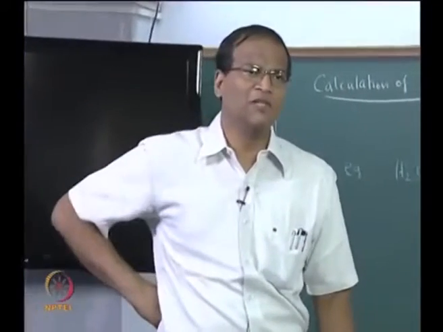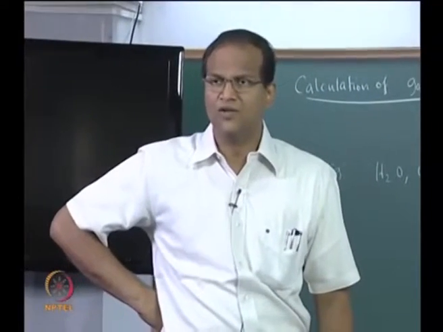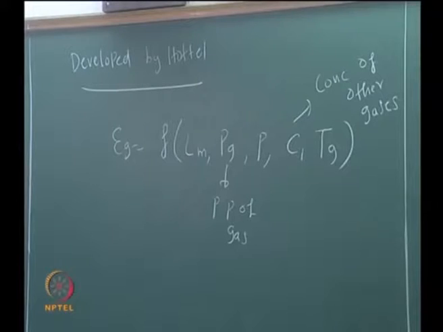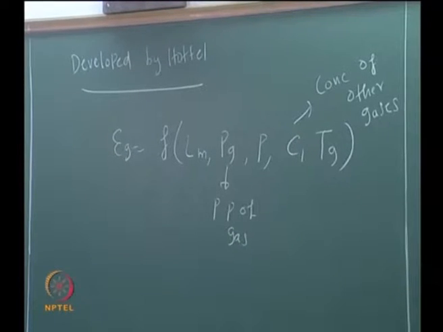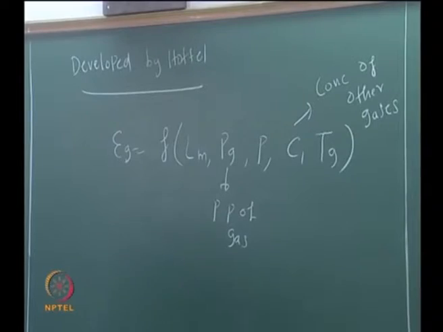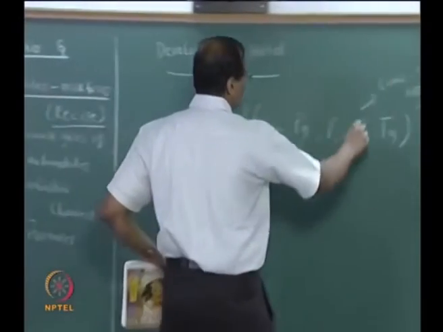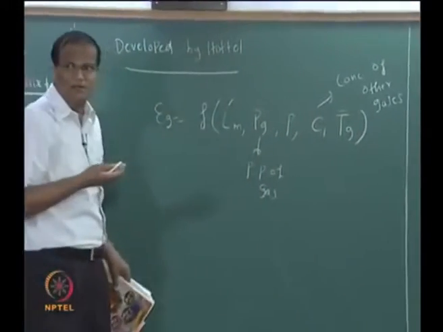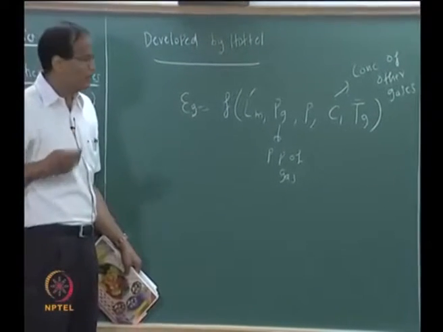Because I know that emissivity is a function of temperature, we have done it so many times. Epsilon lambda versus lambda, if I change the temperature, epsilon changes, because the F of 0 to lambda 2 minus F of 0 to lambda 1 changes. So it should be a function of mean beam length, correct, there is no doubt about it.